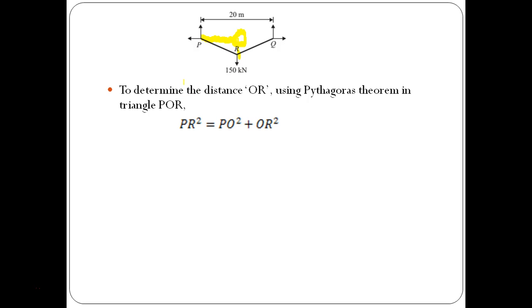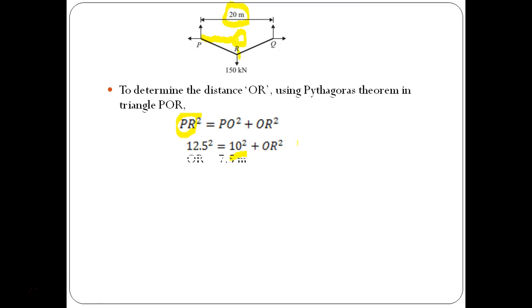if we just take PR square, that will be equals to OP square plus OR square. Now here PR, this is equals to 25 divided by 2, that is 12.5 square, that is equals to PO, since O is at the middle of this, so 20 divided by 2, that is 10 square plus OR square.